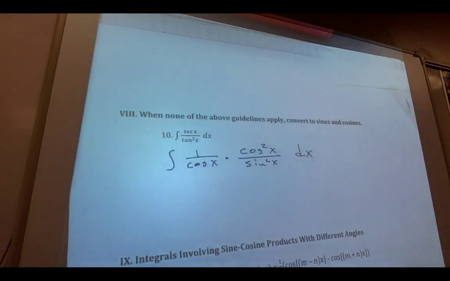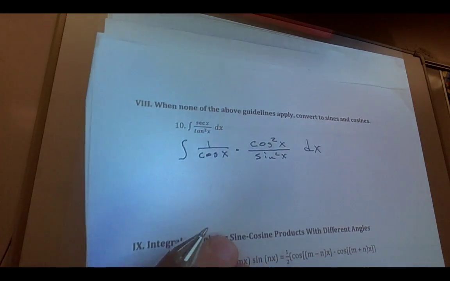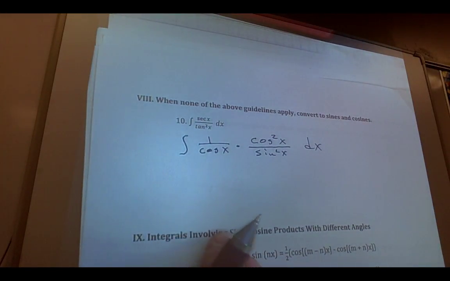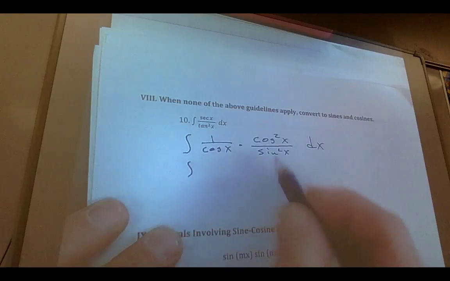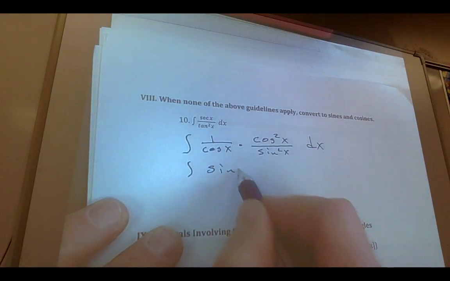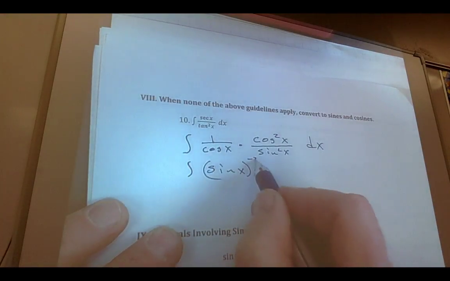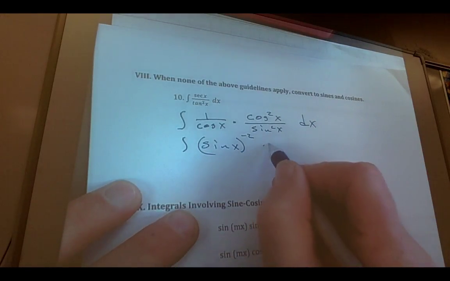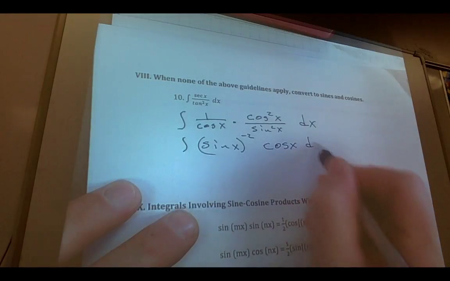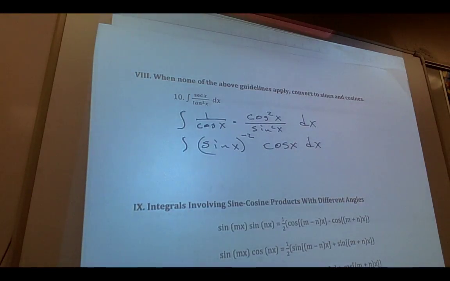Do you follow that move? I have 1 over tangent squared, which is cotangent squared, which can be written as cosine squared over sine squared. And then I can simplify it in this form. I have the sine of x to the negative 2 power times the cosine of x dx. Why did I choose to do that?